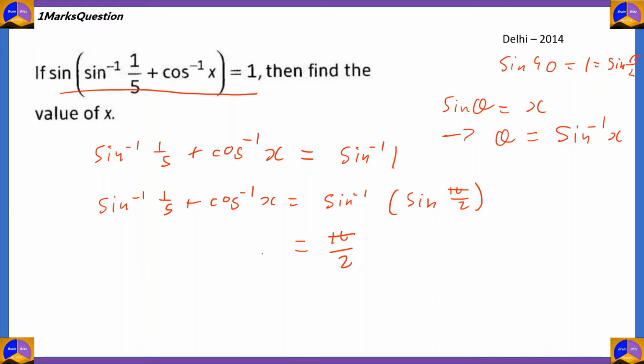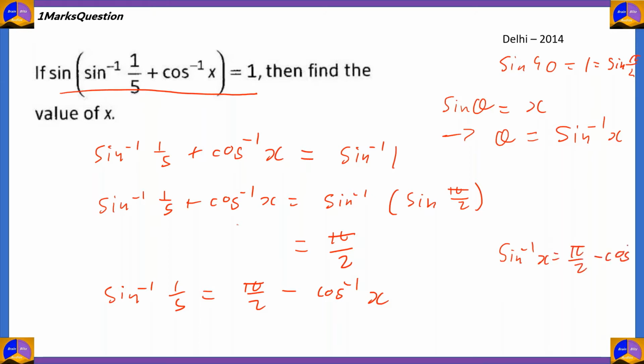So how do we solve further? Let's take cos inverse x to the other side. So it'll be sine inverse 1 by 5 is equal to pi by 2 minus cos inverse x. And what is pi by 2 minus cos inverse x? Sine inverse x.